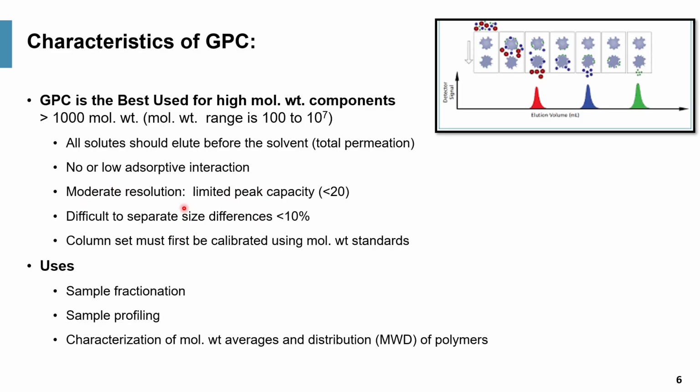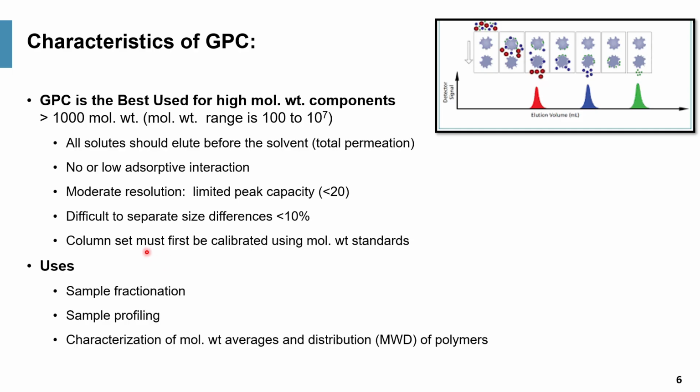GPC is typically what we call a moderate resolution technique because it can only happen under isocratic condition, and the capacity is rather limited. Therefore, it's very difficult to separate size differences less than 10%.